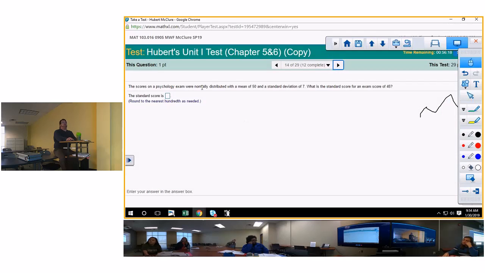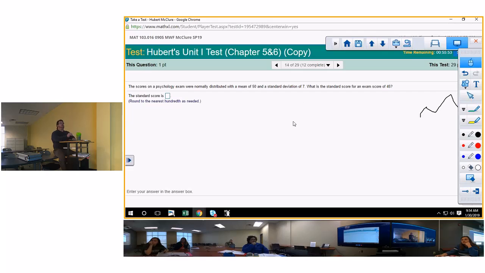A score on a psychology exam is 50. Okay, what does that mean? Draw a curve. Standard score means what? Z-score. So you need to write a mean of 50, a standard deviation of 7, and find the z-score for an exam score of 45. 45 minus 50 divided by 7.